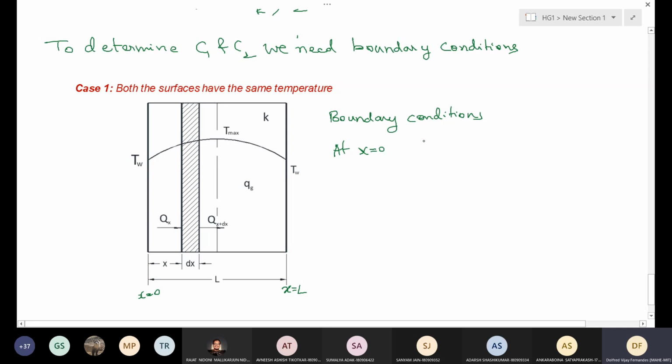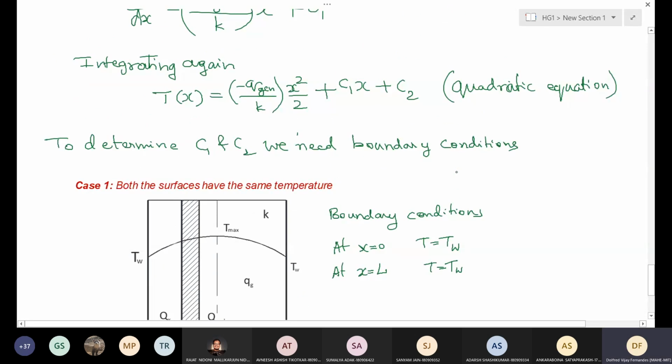So what is the temperature? T equal to T wall, TW, and at x equal to L, T equal to TW. Right? So now you have the temperature profile here.